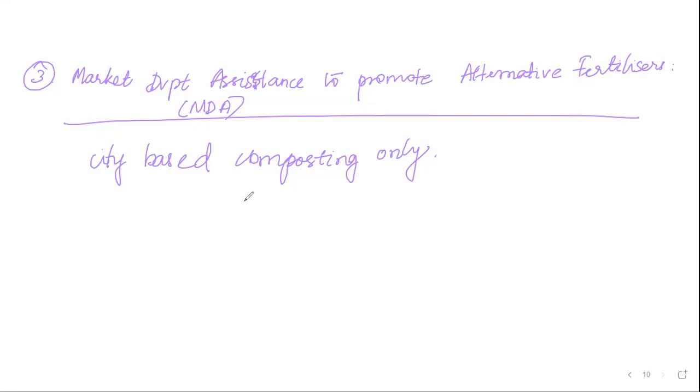The government is planning to liberalize the MDA scheme so as to include both city-based and rural-based composting methods.